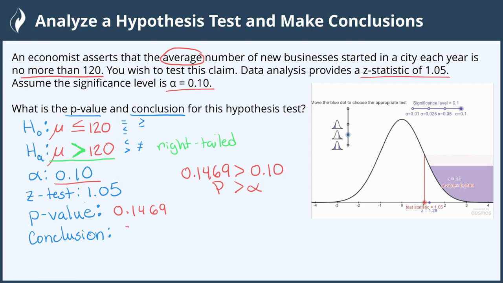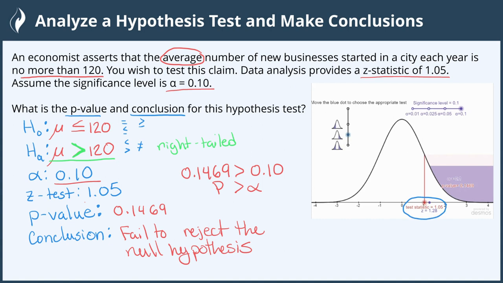So this is a fail to reject the null hypothesis. We could also have looked at the test statistic and critical value. This also shows that the test statistic stays inside, not beyond our critical value, in the fail to reject zone. And this is the rejection region.